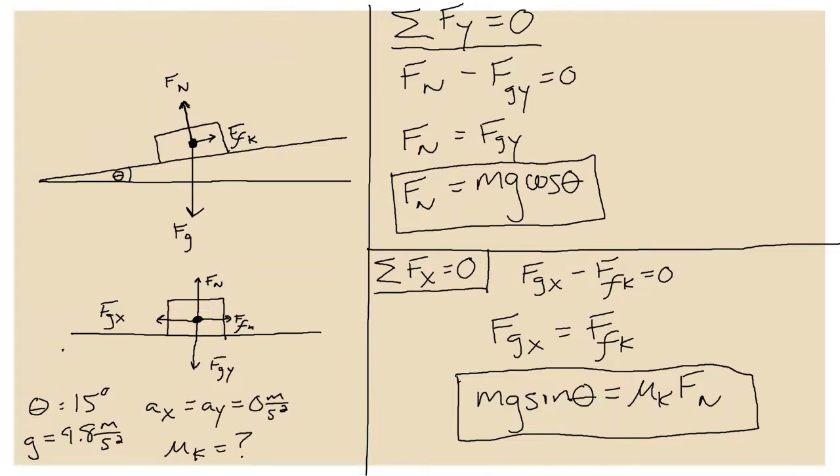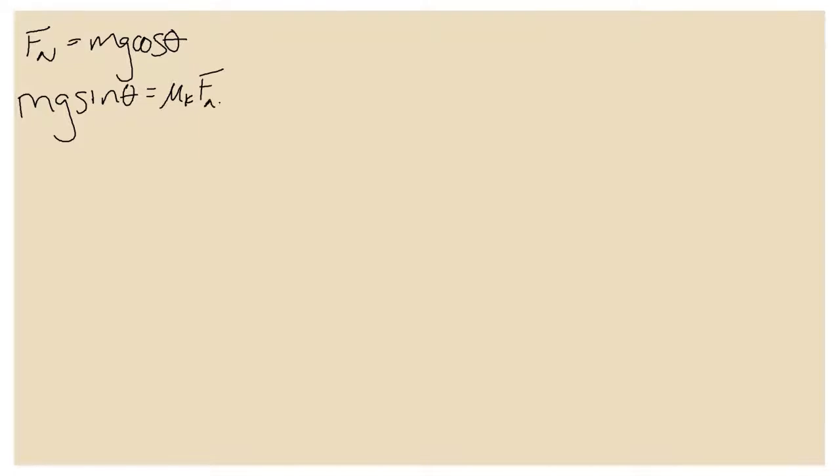Now that I have this result from my x direction equation, and the result from my y direction equation is an equation for the normal force, I can combine these equations and solve for what I need. First, I'm going to list these equations. Fn, the normal force, is equal to mg cosine theta, and Fgx, which is mg sine theta, is equal to the coefficient times the normal force.